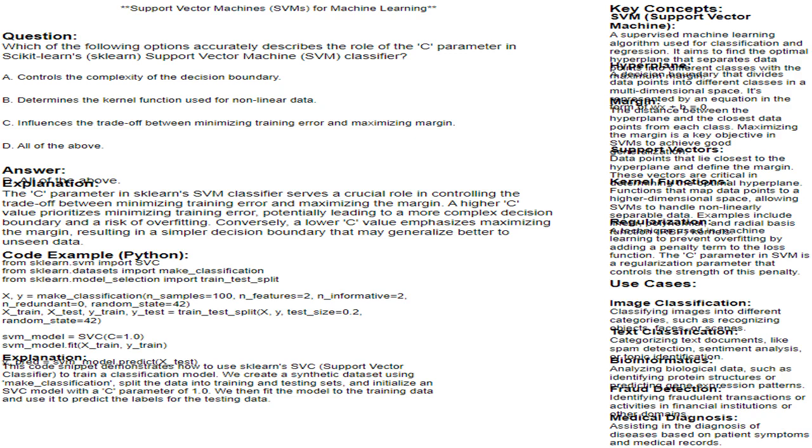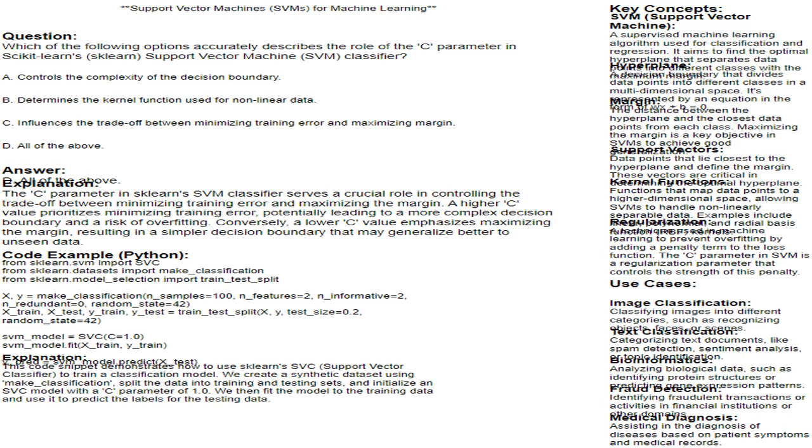Consider a dataset with two features x1, x2, and two classes, Class A and Class B, with the following data points. Class A: (1, 2), (2, 1), (3, 3). Class B: (4, 5), (5, 4), (6, 6).